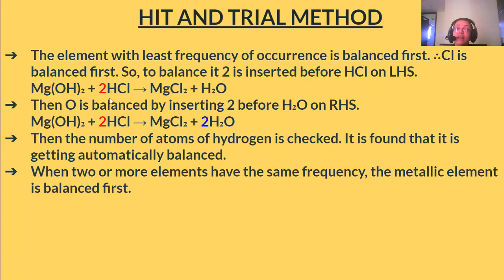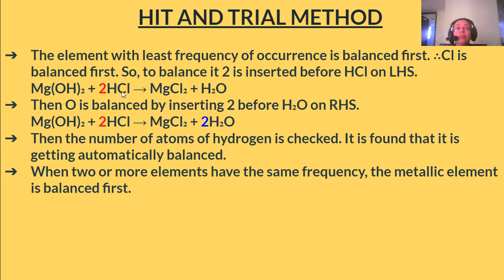On the reactant side, we first use chlorine because it has the least frequency of occurrence. So we multiply HCl by 2. What happens? We see that hydrogen becomes 2 and also 2, so on the reactant side hydrogen becomes 4. And on the product side, hydrogen is still 1.